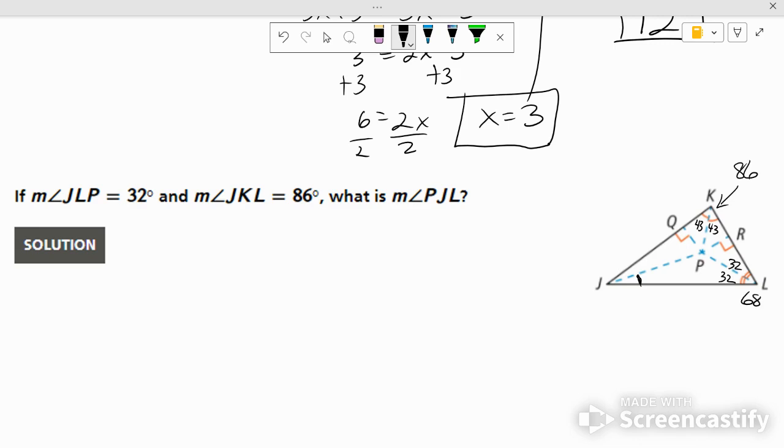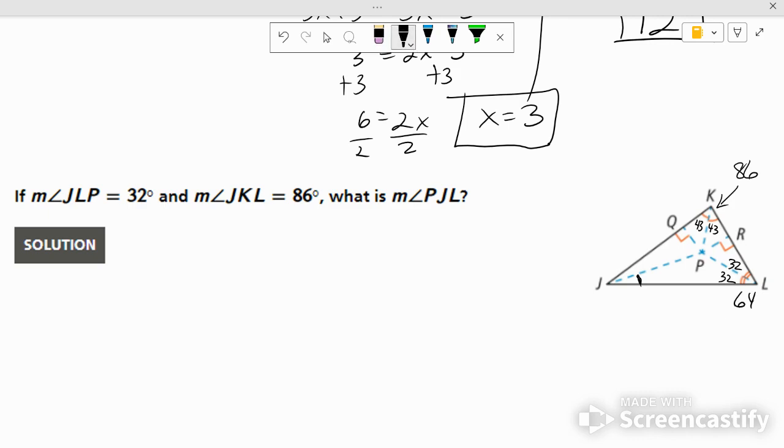So if this is 64 and this is 86, what's 64 plus 86 add up to? 154? Did I screw that up? Oh, well, Mr. Birschbach. Not very good at math.